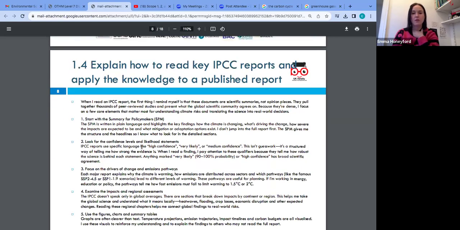Okay, so the next area we're going to look at is the IPCC. So what is the IPCC? So the IPCC is the Intergovernmental Panel on Climate Change, which was created around 1988 by the UN.